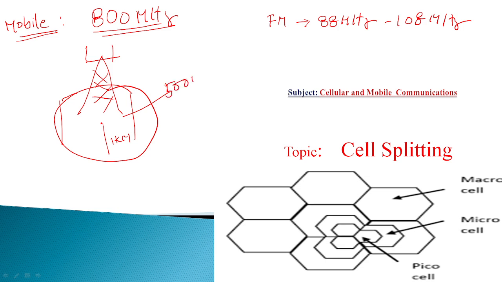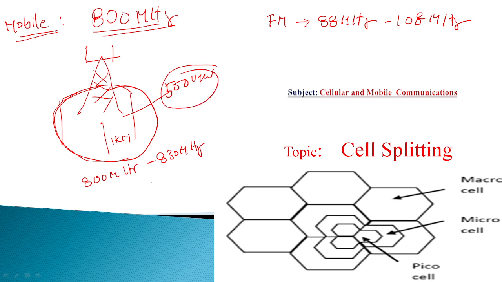A particular frequency range will be assigned, just assume 800 megahertz to 830 megahertz, and in between there are 500 users.